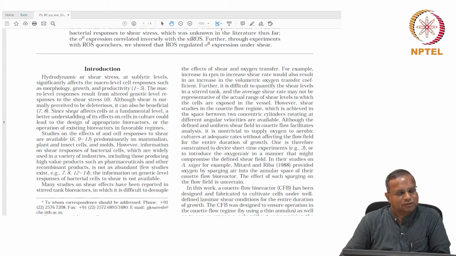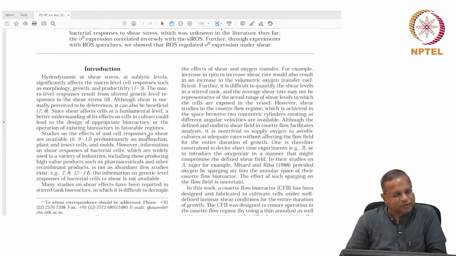Although shear is normally perceived to be deleterious, it can also be beneficial, since shear affects cells at a fundamental level. A better understanding of its effects on the cells in culture could lead to the design of appropriate bioreactors or the operation of existing bioreactors in favorable regimes.